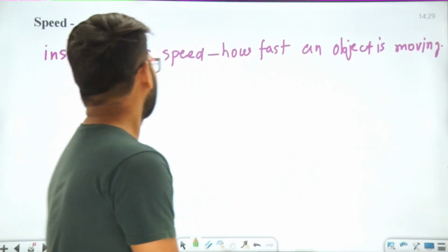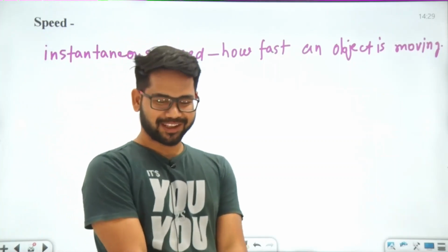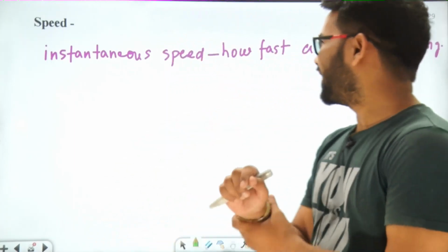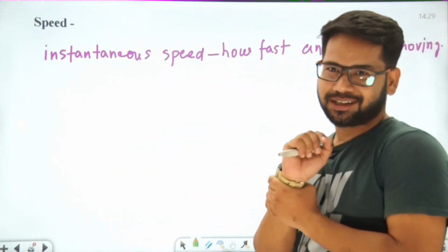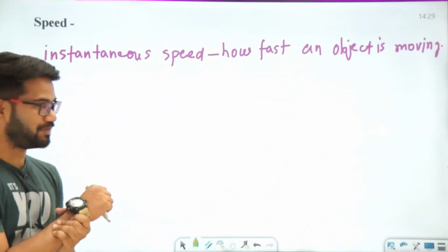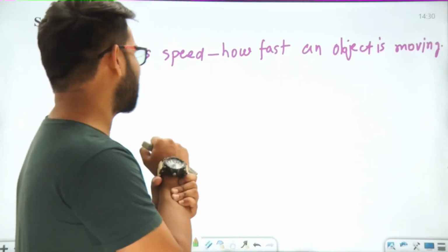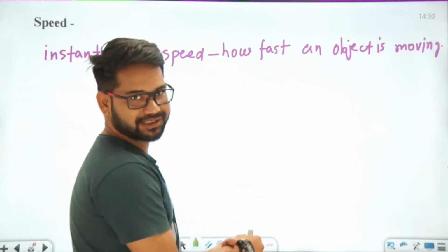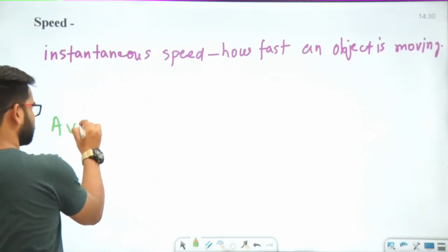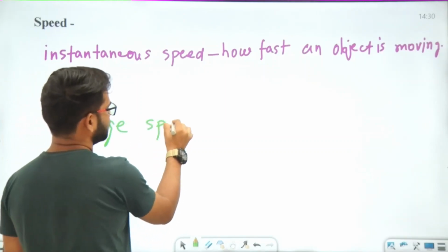Now students, come to the next term, speed. You are going somewhere, you are looking at the speedometer, right? What will that show you? You will see instantaneous speed, which is how fast that car or object is moving. We have another term, average speed.